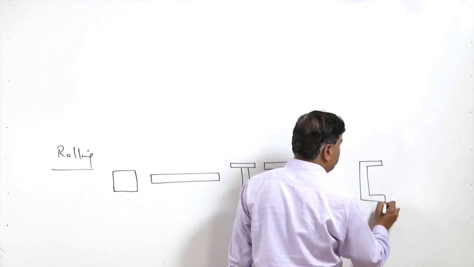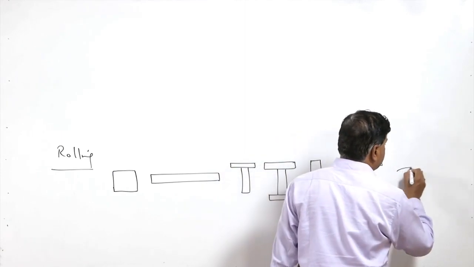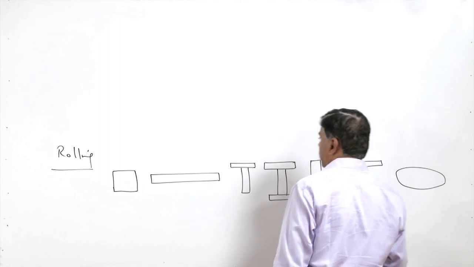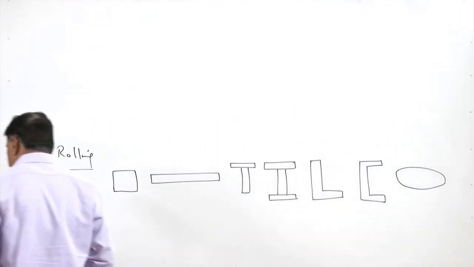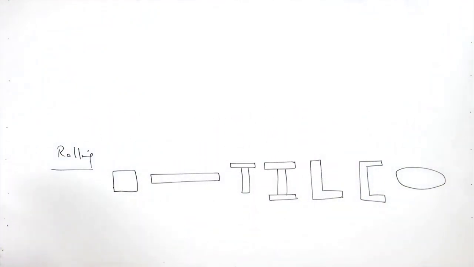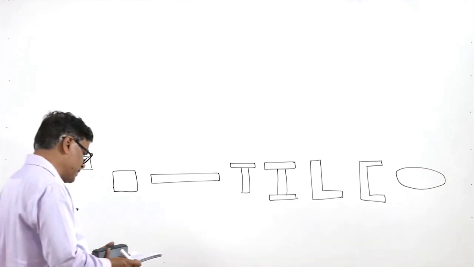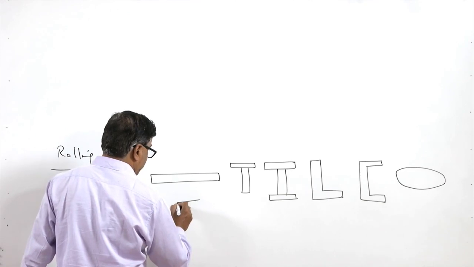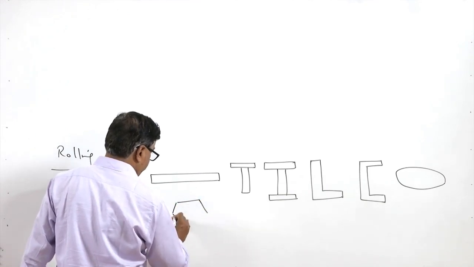Numerous such simple shapes, and oval shape sections, can be produced easily using rolling based processes, and likewise many other shapes like hexagonal shape.